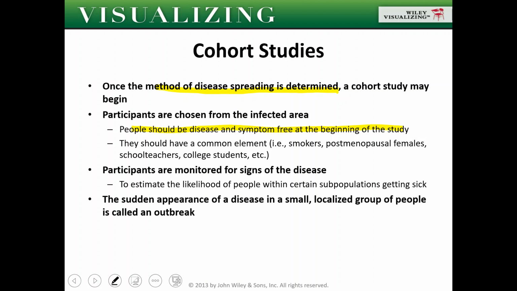So look at a particular cohort: coronavirus in teachers, coronavirus in students, coronavirus in healthcare workers. Okay? So the idea of a cohort study is to understand the risk of people within a certain group, certain population, to get sick. So this is what epidemiologists do now in regards to coronavirus. And the original appearance of coronavirus in the state of Washington, we called it an outbreak because it was a sudden appearance in a small group of people.